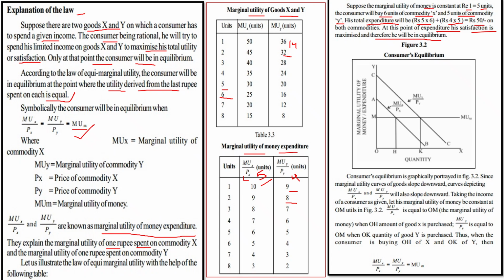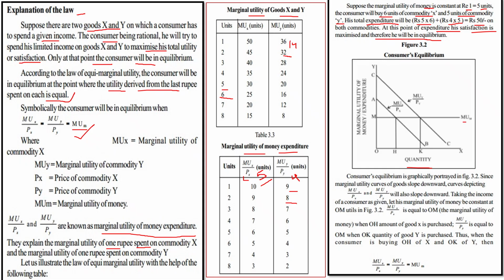This is the diagram where the money expenditure, or the marginal utility of money, is taken on the vertical axis and quantity on the horizontal axis, where the marginal utility of money is constant.